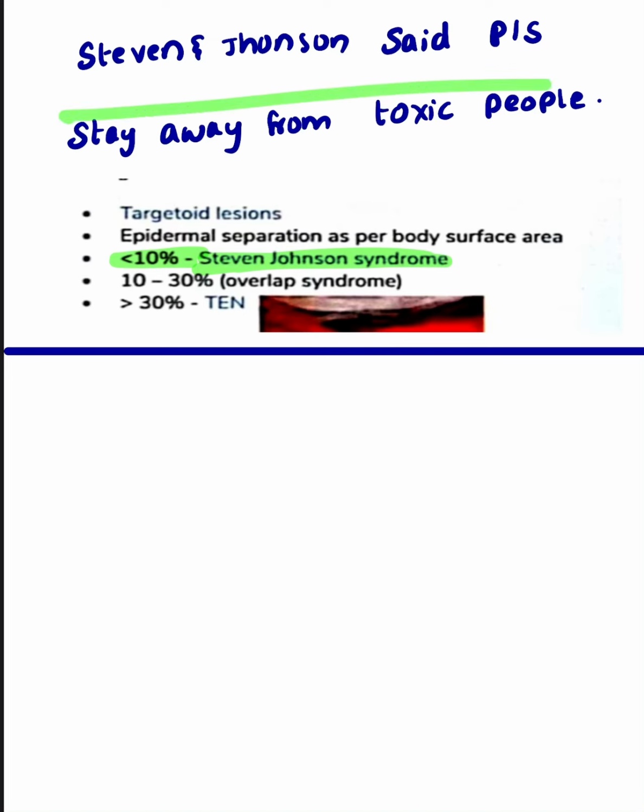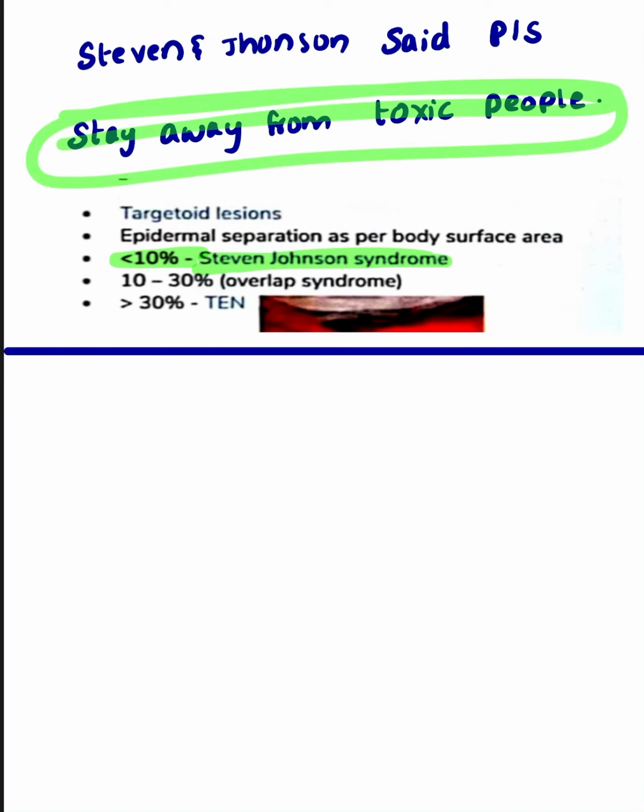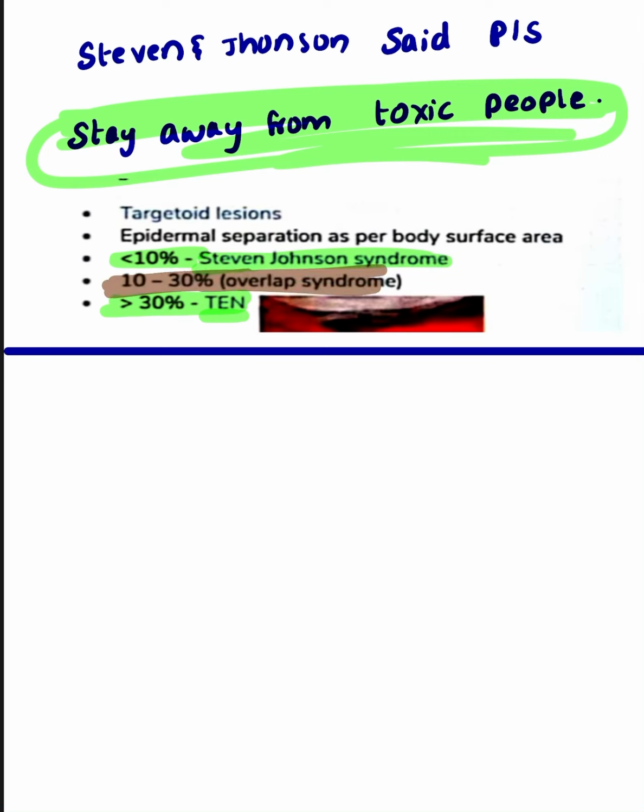And they say, please stay away from toxic people, don't listen to toxic people. So in more than 30% of cases it is associated with toxic epidermal necrolysis. In 10 to 30% of cases there is an overlap between Stevens-Johnson syndrome and toxic epidermal necrolysis.